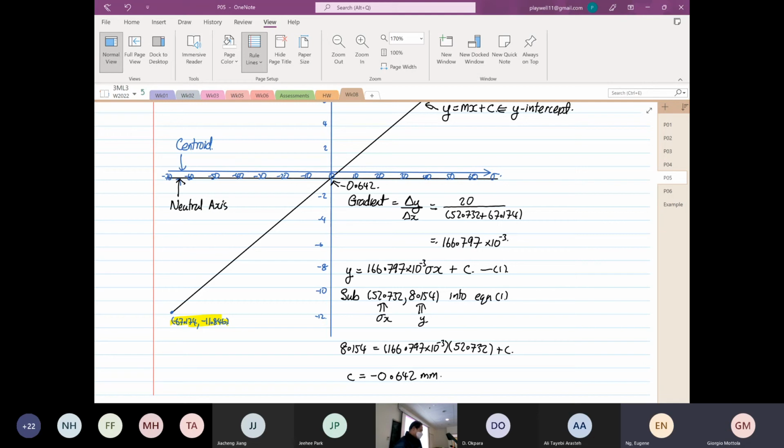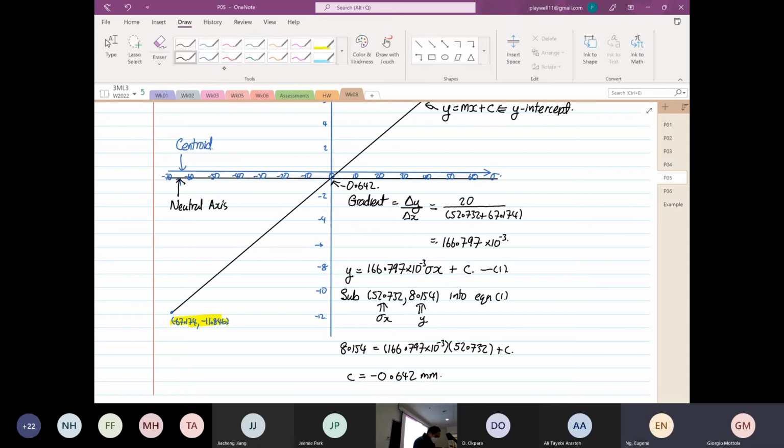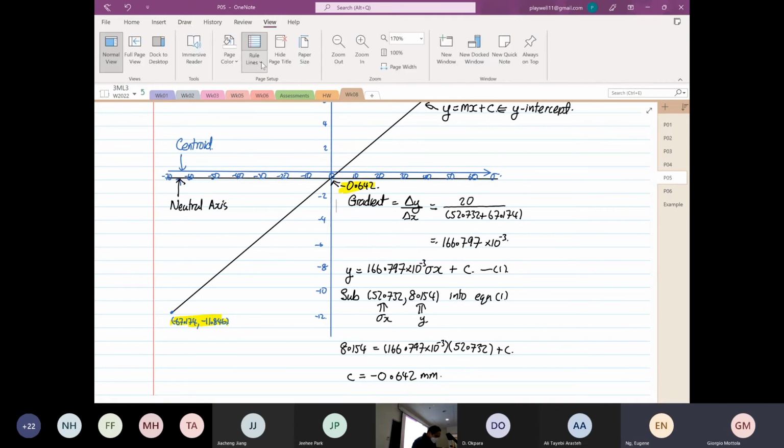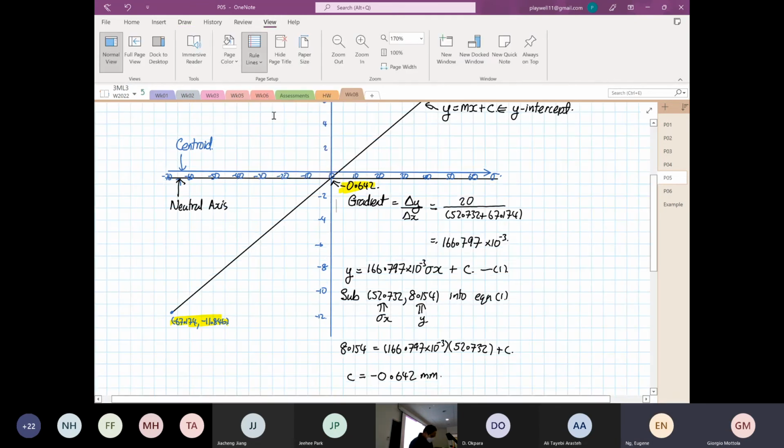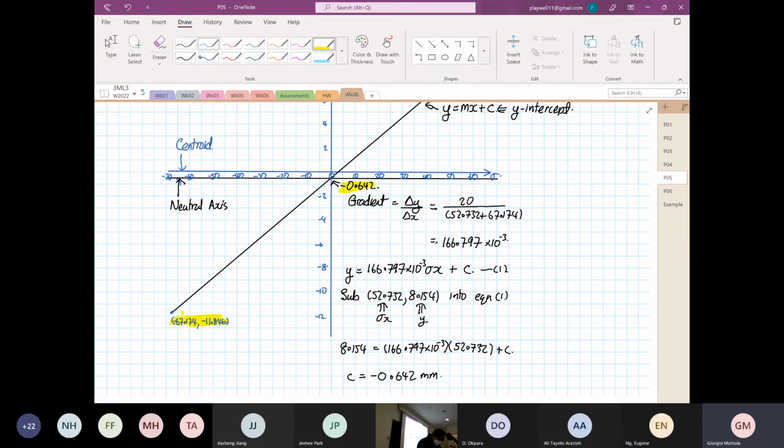So when I ask you to sketch, you have to sketch the offset, okay, and determine what this value over here, the offset, is. Okay. And then if the question were to ask to sketch the stress field, now all you need to do is just do this. Okay, so this is in compression.